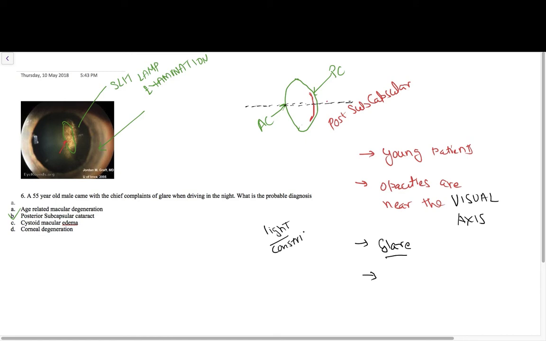So what happens is that whenever there is a constriction, let's say now the light is coming from this zone only, there would be a lot of difference. So in bright light, patient feels a lot of discomfort.